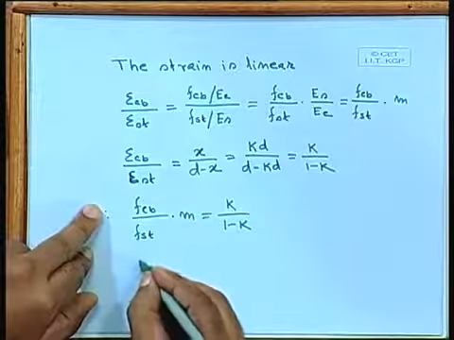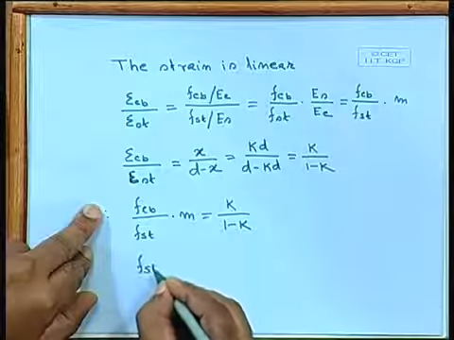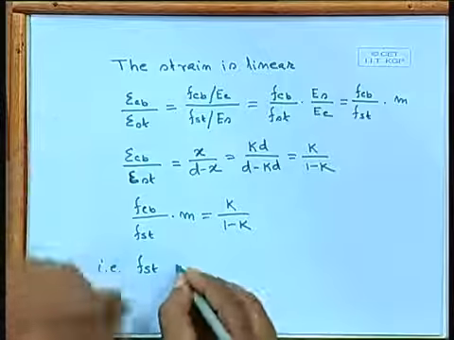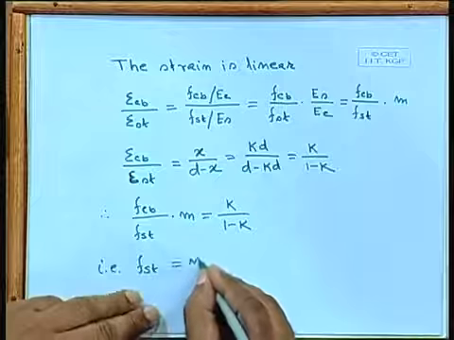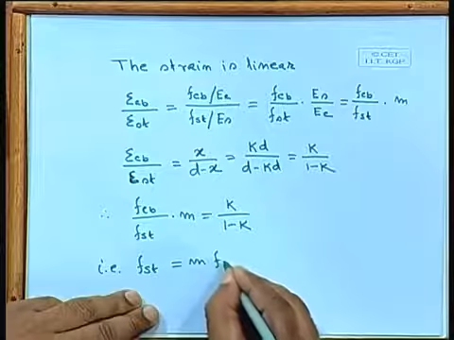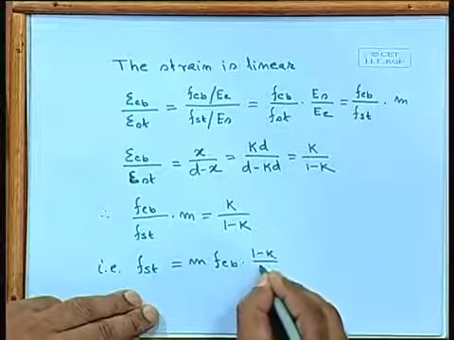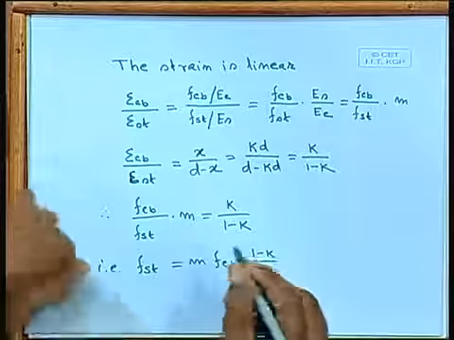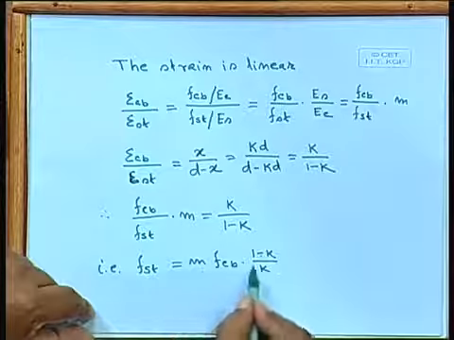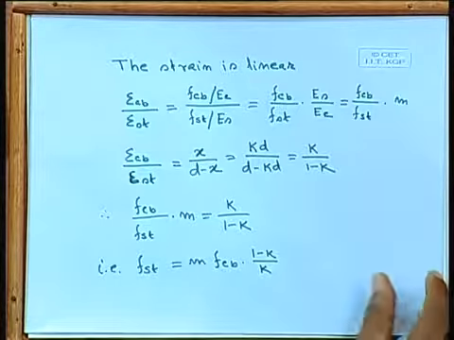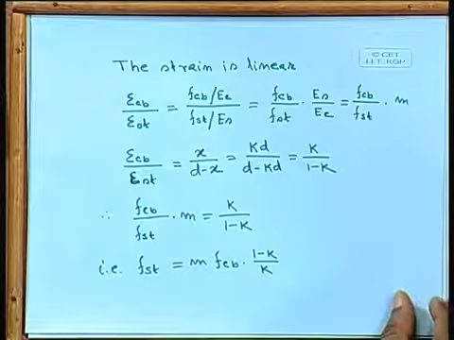In another way, just rearranging the equation, F_st equal to m F_cb times (1 minus k) by k. That also we can write down.